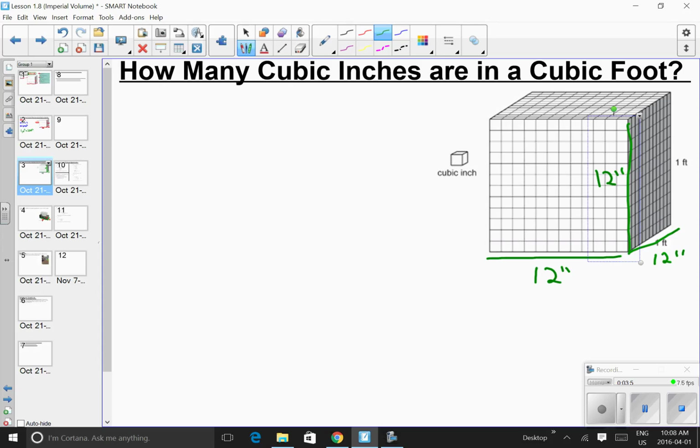So again, volume is length times width times height. I want to figure out my volume in cubic inches. I already know 1 cubic foot is 1 cubic foot.